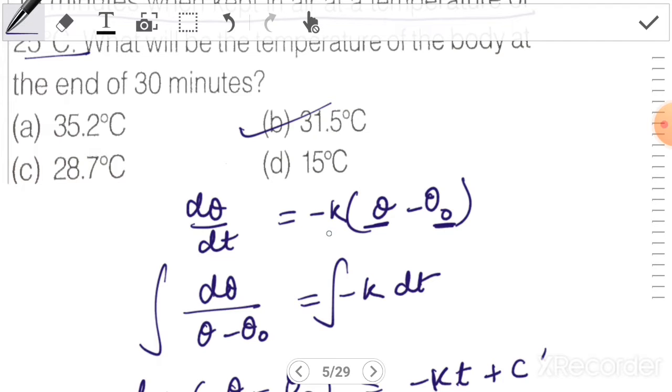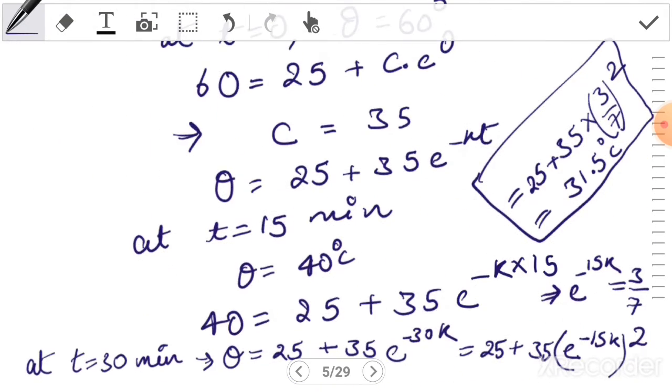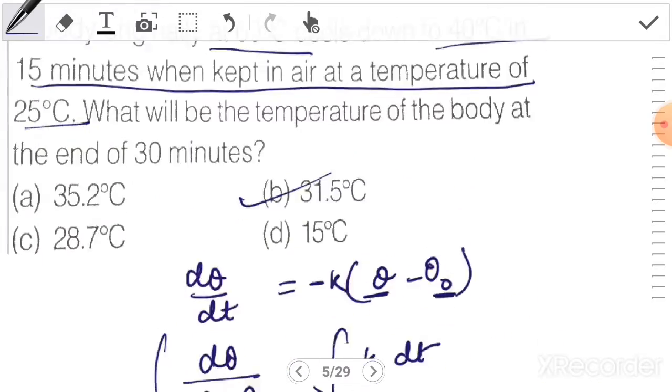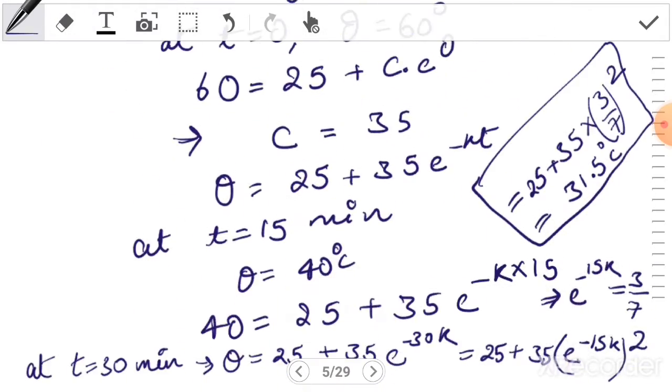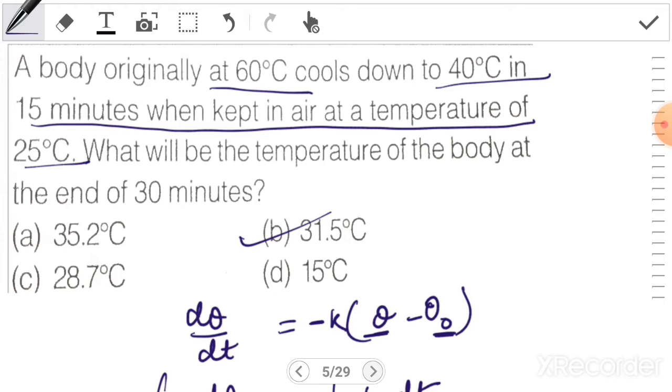Since there is a decrease, we considered a negative sign here, and then we solved the problem using the variable separable method. Right? Let us go to the next problem.